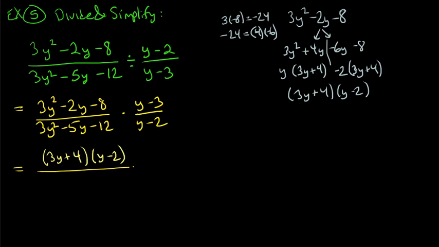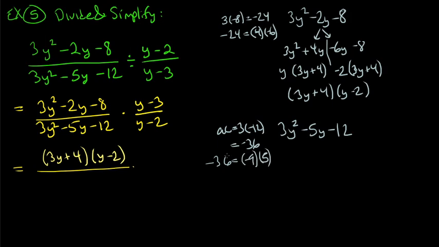And then the denominator. So this is done in much the same way. We still have 3y squared, but now it's minus 5y minus 12. So in this case, a times c, 3 times negative 12, is negative 36. So what two numbers multiply to negative 36 and add to negative 5? Negative 9 times 5. I'm not going to go through the whole list.